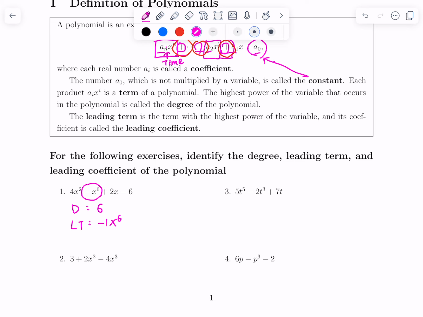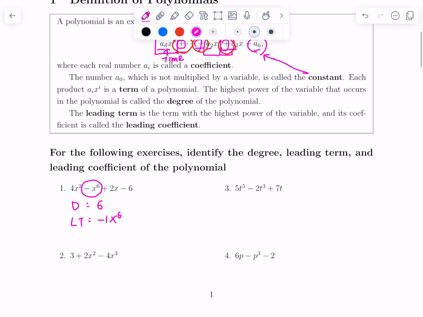It is -1 times x to the power of 6. And our leading coefficient, you look at x over here, and look at the front, we got -1. So the leading coefficient over here is -1.